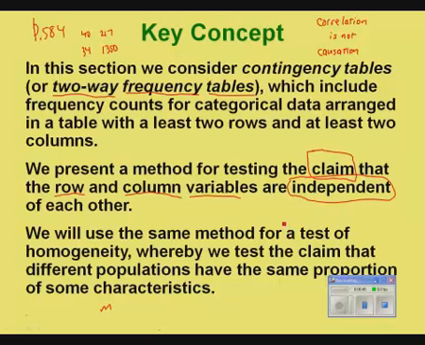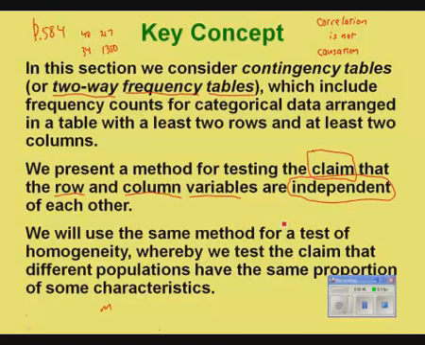We learned about independence a long time ago. Sometimes we need the various populations to be independent. And I think actually we did some tests where the two populations were dependent. The pairs were matched. So this is going to be a test to figure out whether or not the rows and columns are independent.